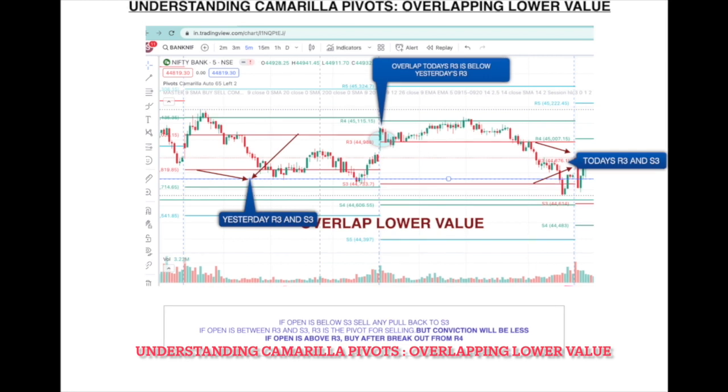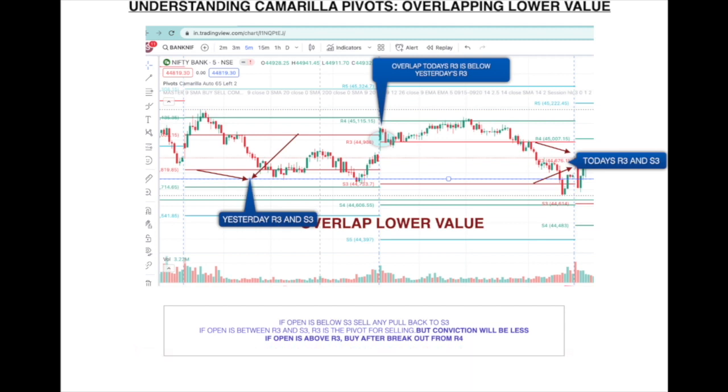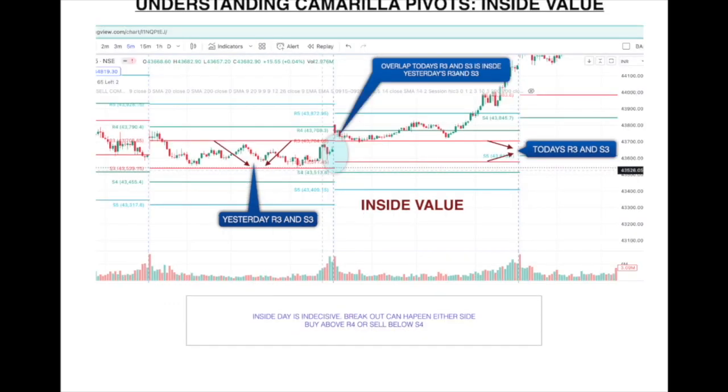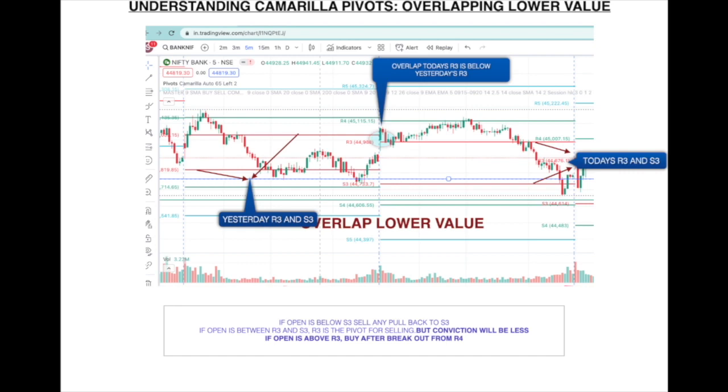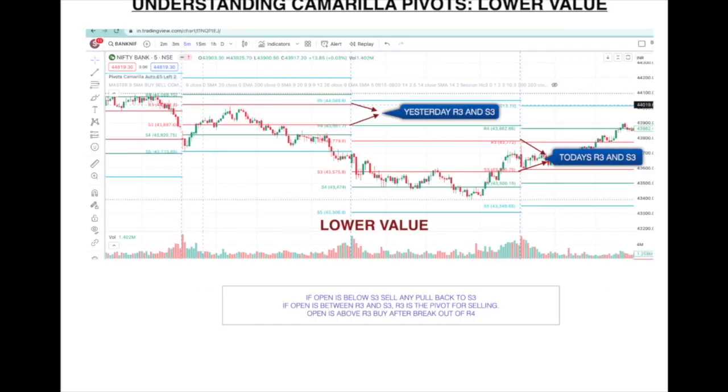Now, what if the market opens between R3 and S3? Since it is an overlapping lower value, it is going to be a bearish setup. Hence, any pullback to R3, we are going to sell.